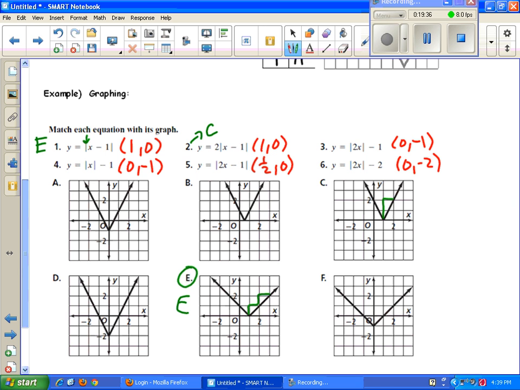If I look at number 3, I'm looking for a vertex of 0, negative 1, so I have that here, and also graph A. So notice there's a 2 in front, so I know that it's going to be graph A in this case because of my slope. And then graph number 4 would have to be graph F. And again, I can just pick points and plug them into the equation to see which one works.